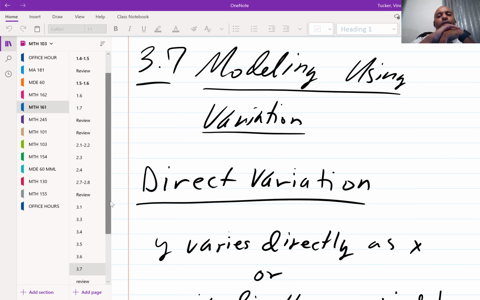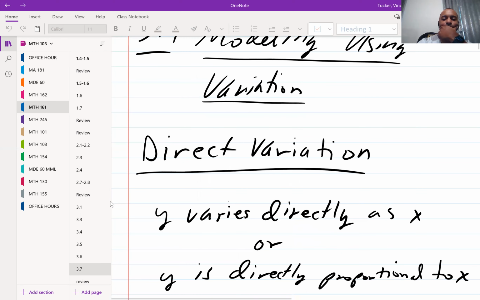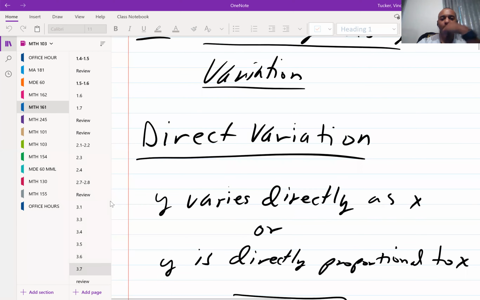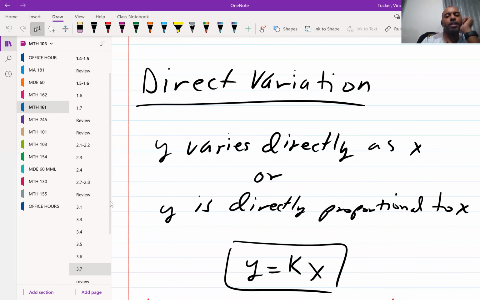All right, so 3.7 modeling using variation. The first one that we're going to come across is direct variation. So basically what's going to happen in these problems, you'll see a key phrase that's going to dictate how you set up your problem.